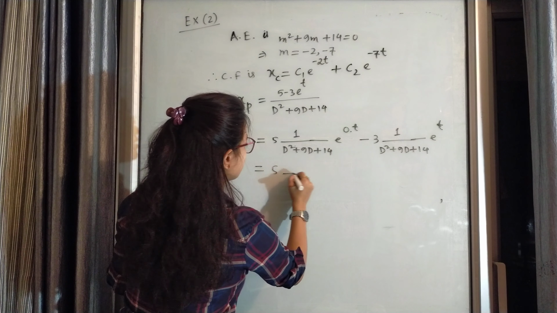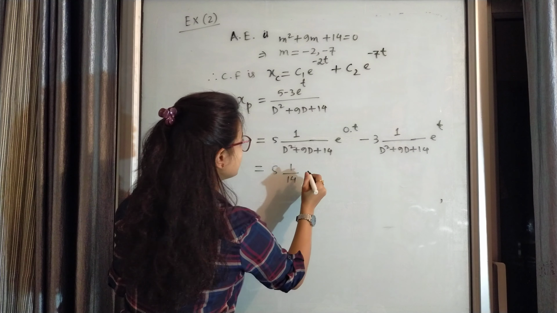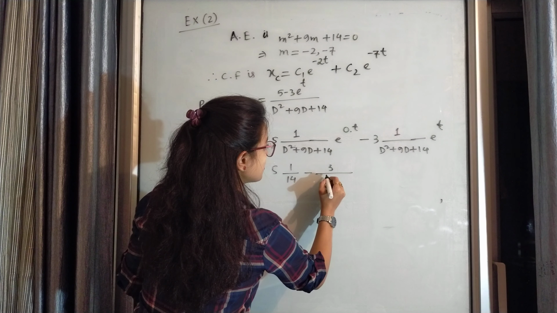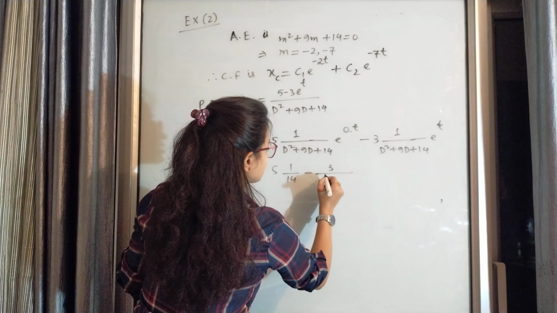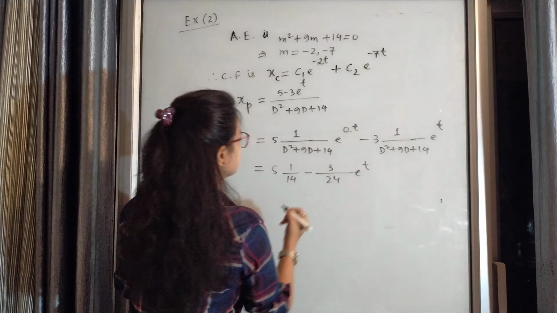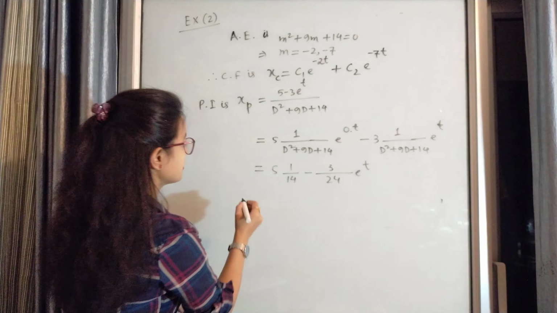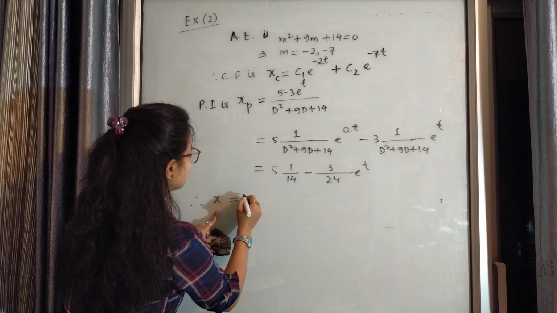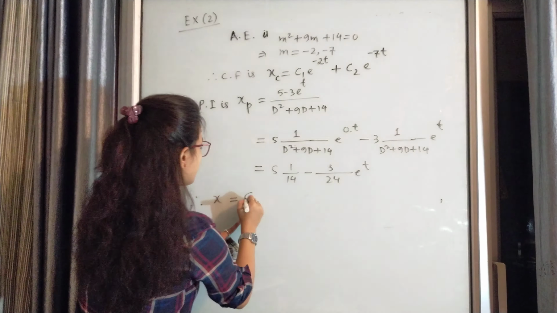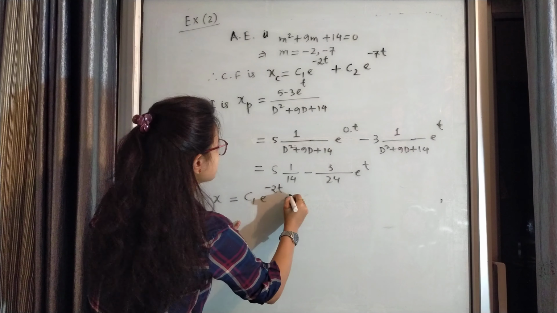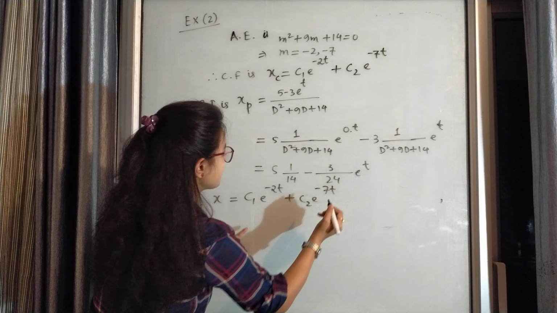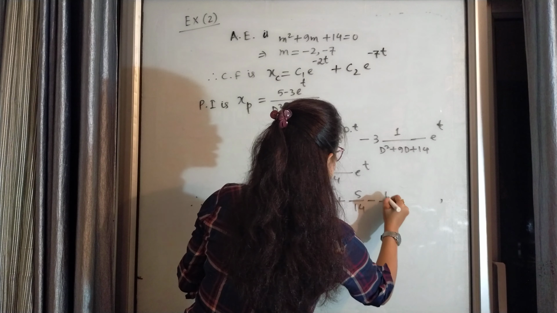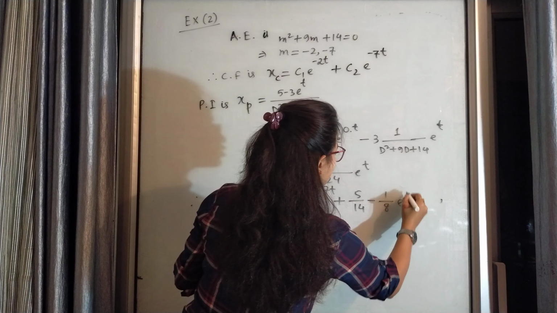So here you will get 1 by 14 minus 3 by 24 e to the power t. Therefore the solution to x is equal to, we know CF plus PI, so we have c1 e to the power minus 2t plus c2 e to the power minus 7t plus the PI, that is 5 by 14 minus 3 by 24 giving 1 by 8 e to the power t.